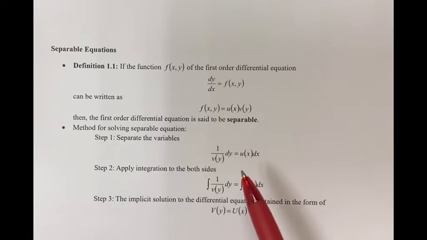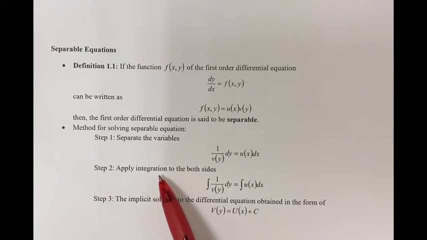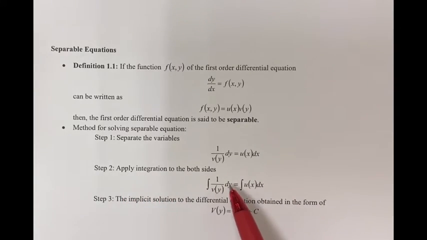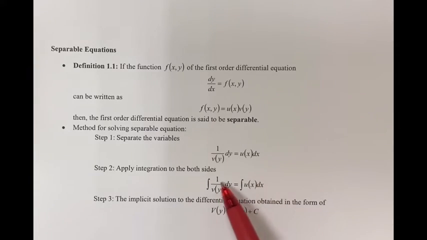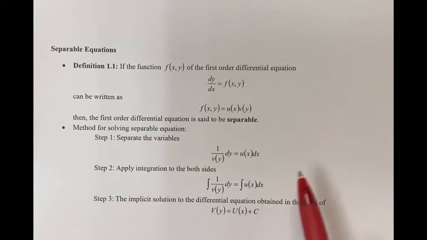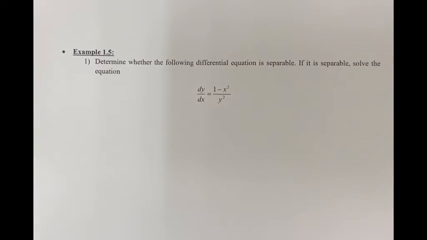The second step is to apply the integration to both sides, and then solve the integration for both sides. And the last step is to write your answer in terms of v(y) equal to u(x) plus c. Okay, that's the three steps. We have two examples in example 1.5.